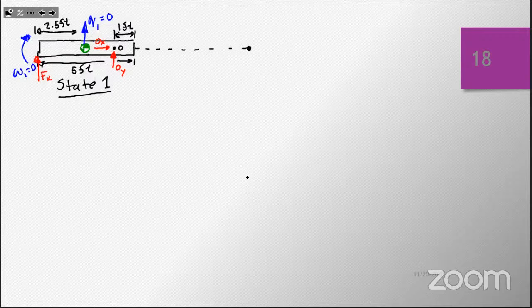But now we are in the completely vertical position, and we'll have some omega 2, and our center of gravity will have some V2, with components OX and OY. This distance is still 1 foot.